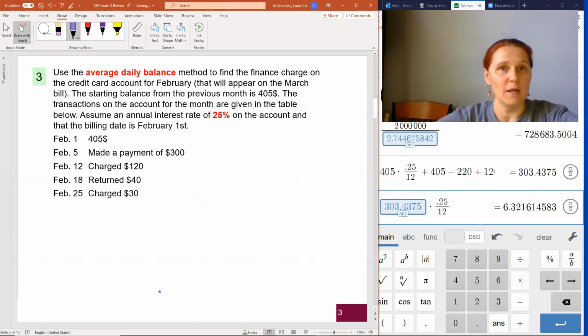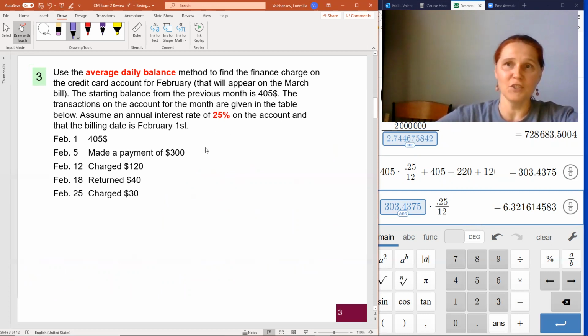Use the average daily balance method to find the finance charge. So the numbers are almost the same or exactly the same. So there will be several variations of the problem. Be careful that they might look similar but still be different.